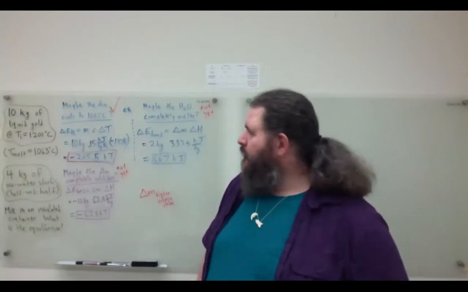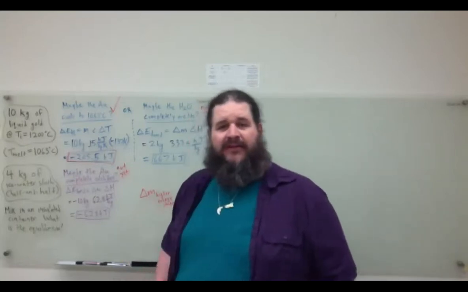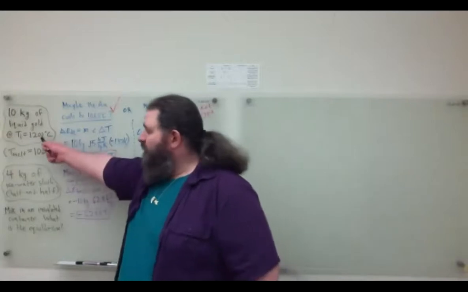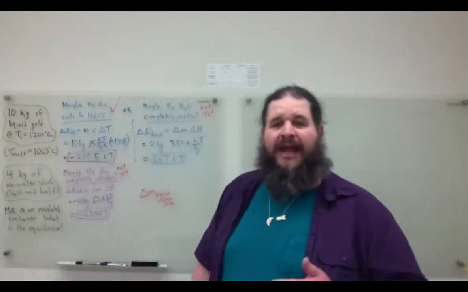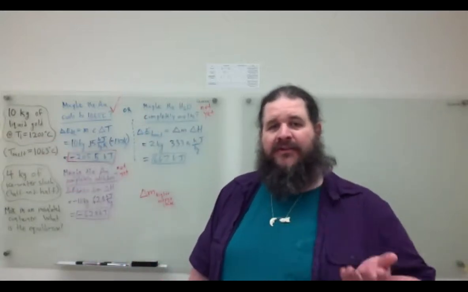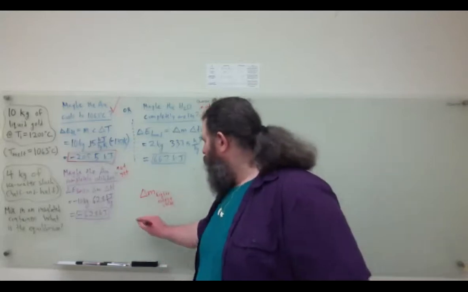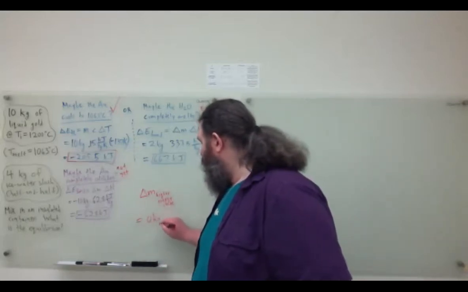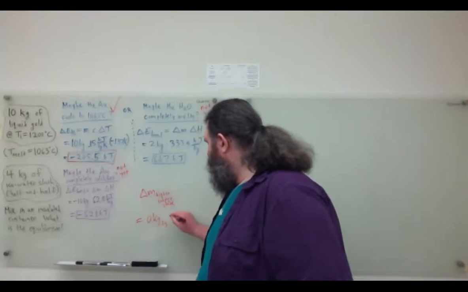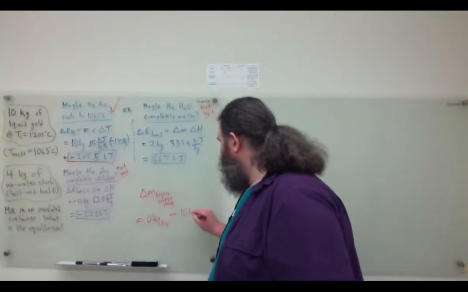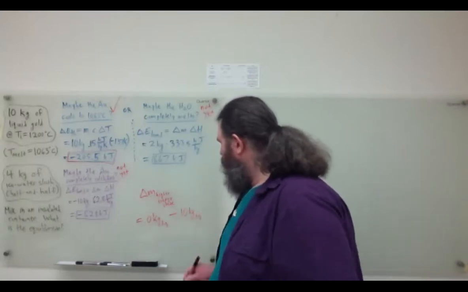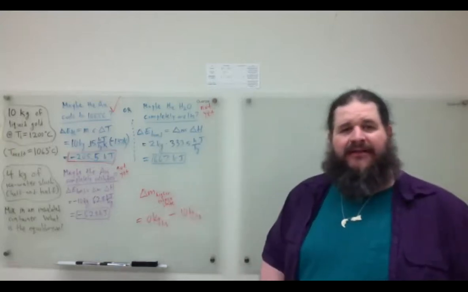Yeah, the liquid. So that means we want to use mass of the liquid as the indicator. We start with 10 kilograms of liquid. We're assuming we end with no liquid. So final minus initial of liquid would be 0 kilograms of liquid minus the initial amount, 10 kilograms of liquid. So 0 minus 10 becomes negative 10.